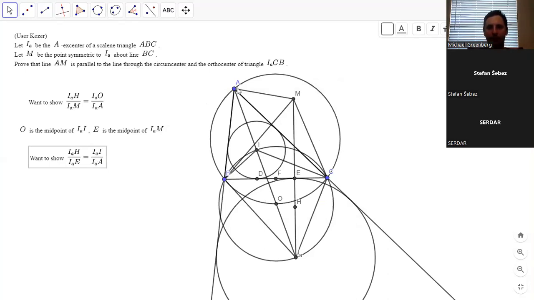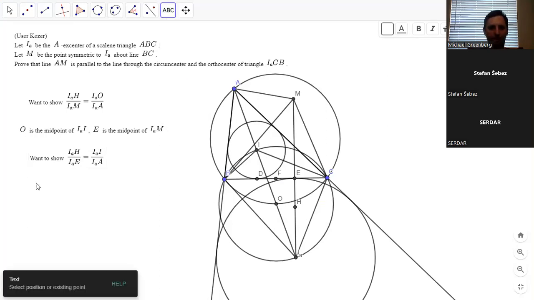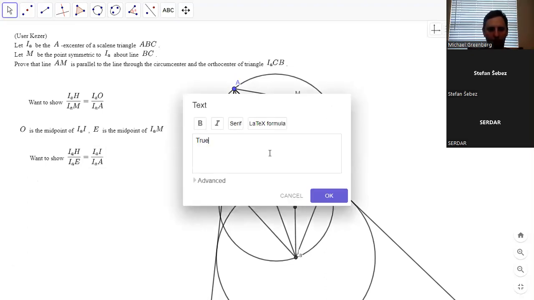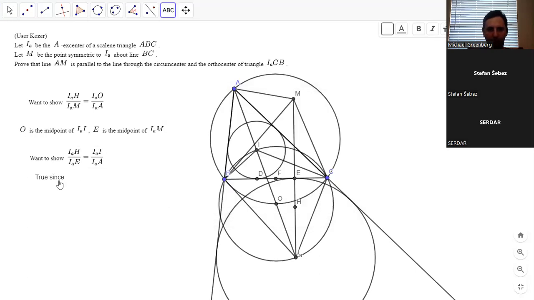But HI is parallel to AE because AE is a Nagel-Chebian, because IH passes through IF and by the Iran Lemma. So this is true since IH is parallel to AE.